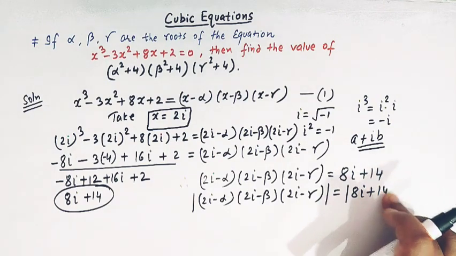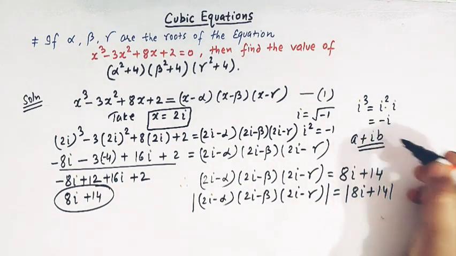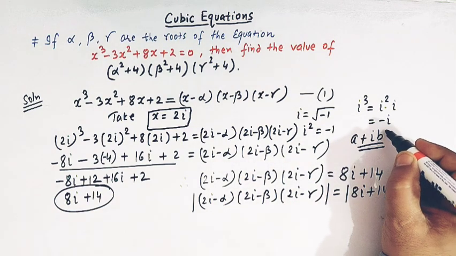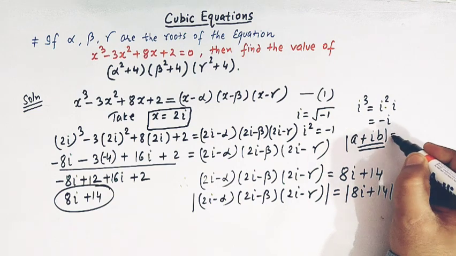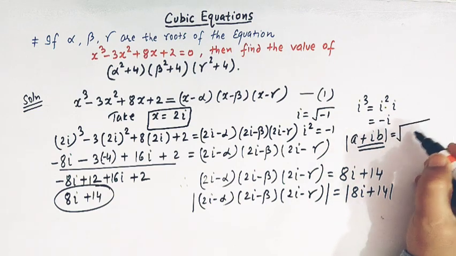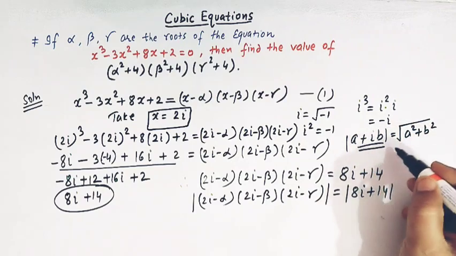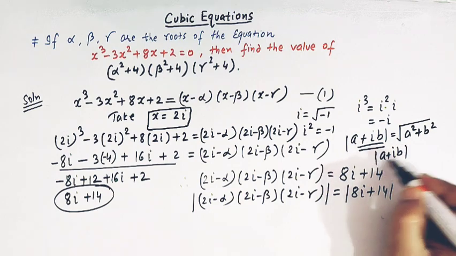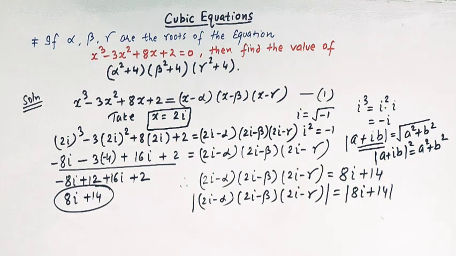Here we'll make use of an important result from complex numbers: the magnitude of a plus iota b is equal to the square root of a square plus b square, or the square of the magnitude of a plus iota b is a square plus b square.